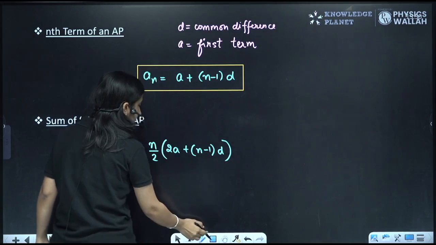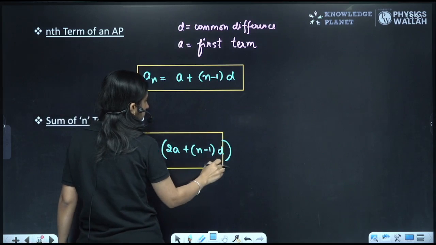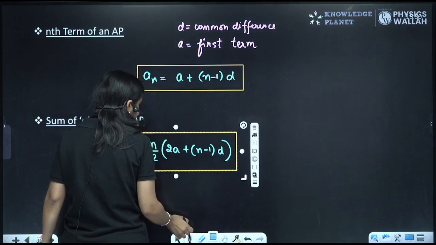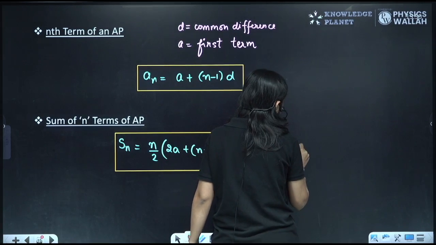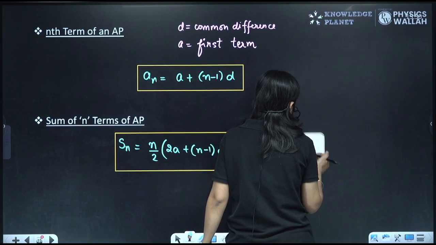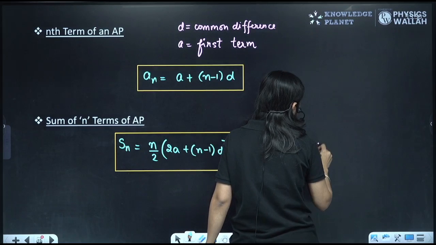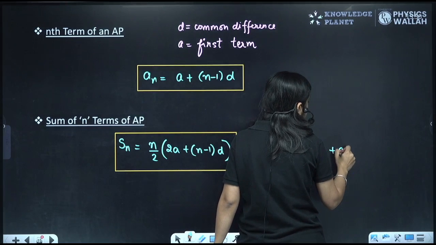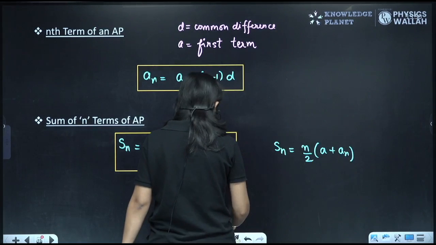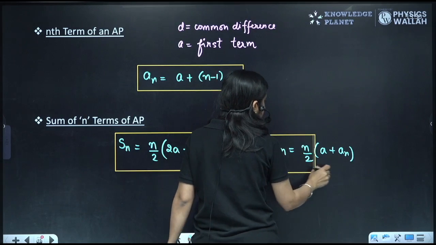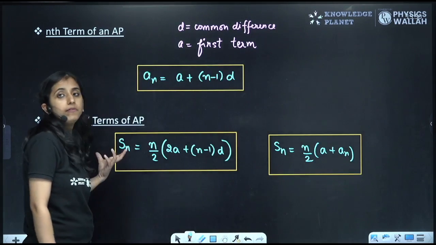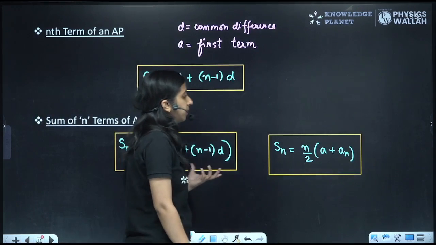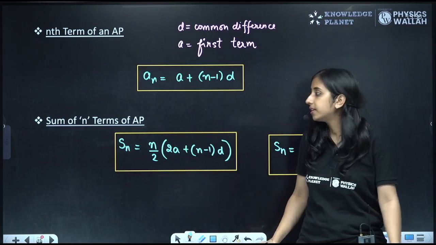There is one more formula: Sn is equal to n by 2 into a plus an. The sum of the first and the nth term multiplied by n by 2 gives us the sum of n terms of an AP.